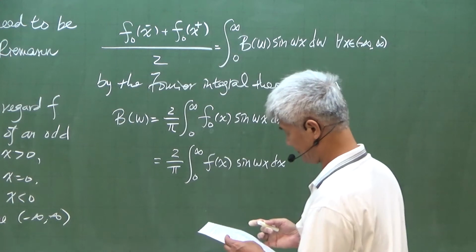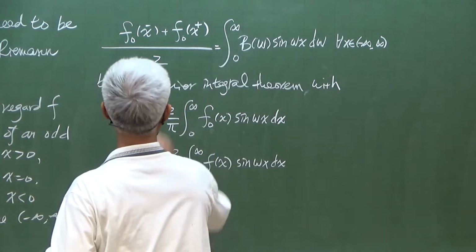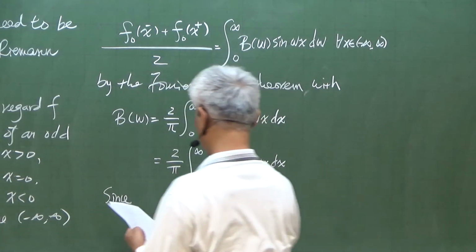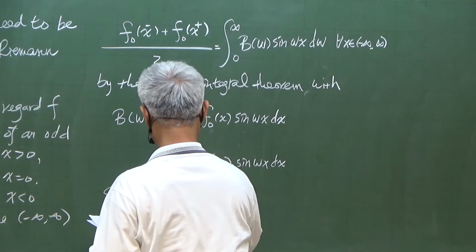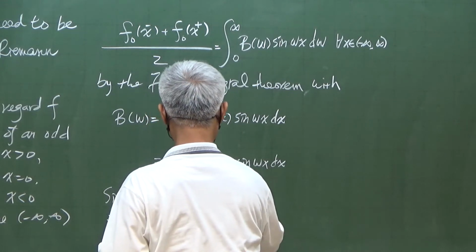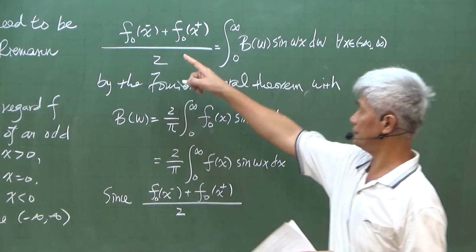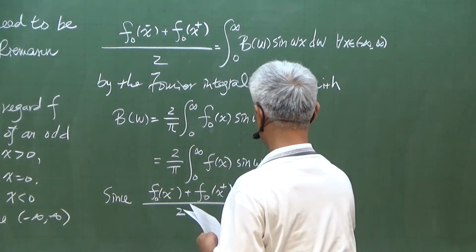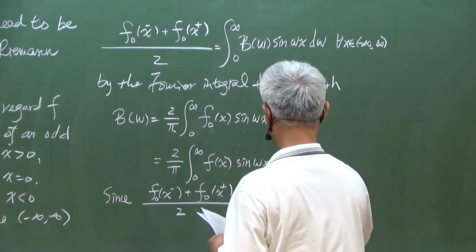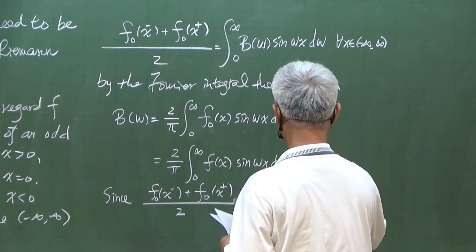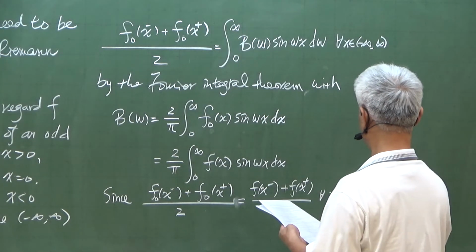So we have that, and so we see here the average of the left-hand and right-hand limit of the odd function is equal to the average of the left-hand and right-hand limits of the original function for all x greater than 0.